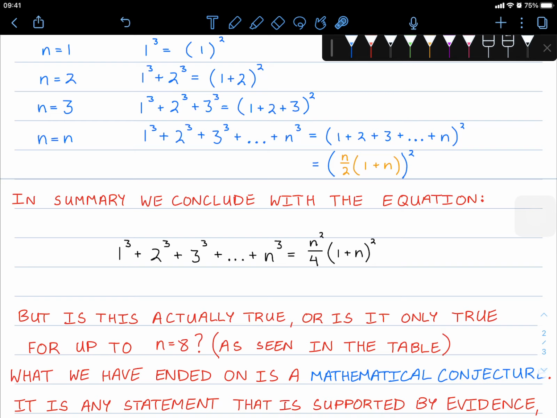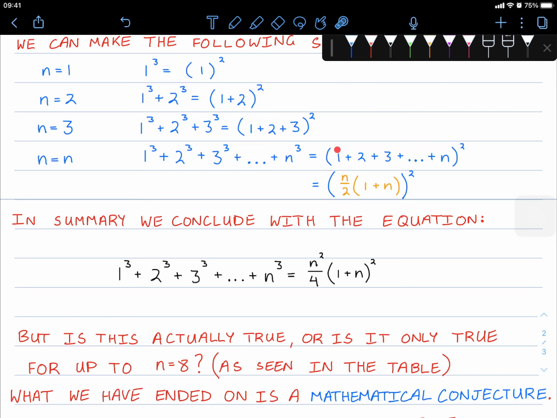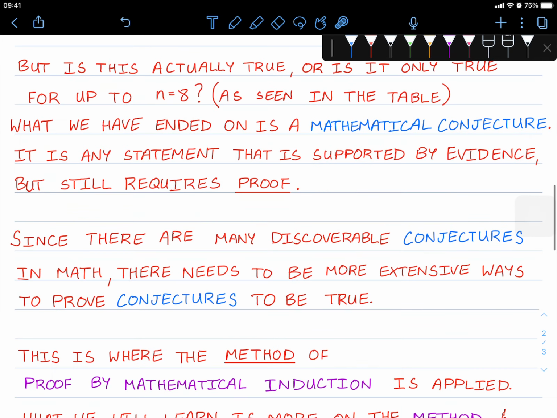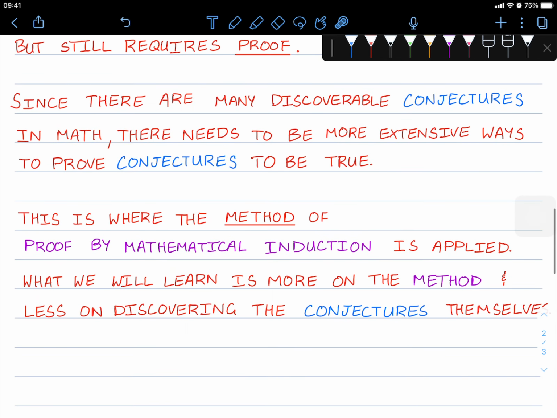So in this example, is the sum of the cubes of natural numbers, 1 cubed plus 2 cubed plus 3 cubed up to the nth cube, the same as the sum of natural numbers, 1 plus 2 plus 3 plus 4 plus 5 and so on, all squared? Is that statement true? What we will learn is called mathematical induction.